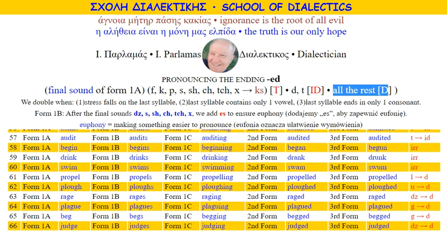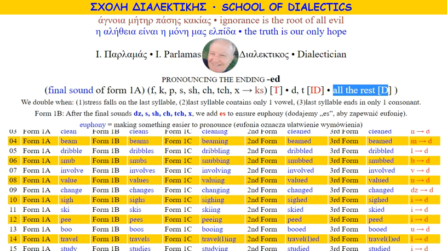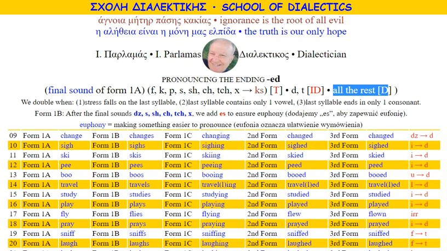Okay, so if we had cancel, it would be like trouble. It could be cancelling with one L or cancelling with two L's, and it could be canceled with one L or cancelled with two L's, because in cancel the stress falls on the first syllable.